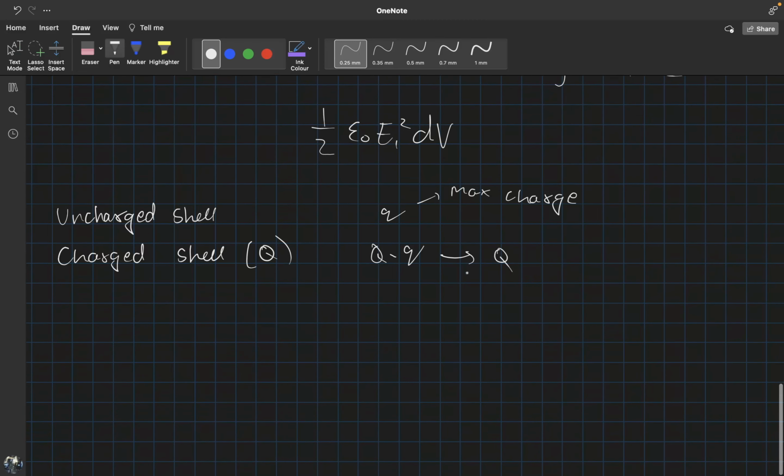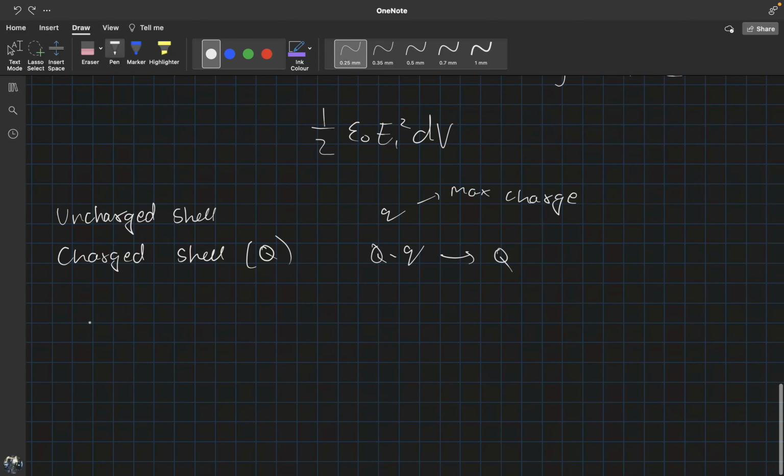So you know that this is going to be replenished to Q every time. Correct. Wait, there was this formula for the capacitance of a shell, right? What was that? I've forgotten it. It can be a shell, it can be a body. If you want a shell, then 4 pi epsilon r.